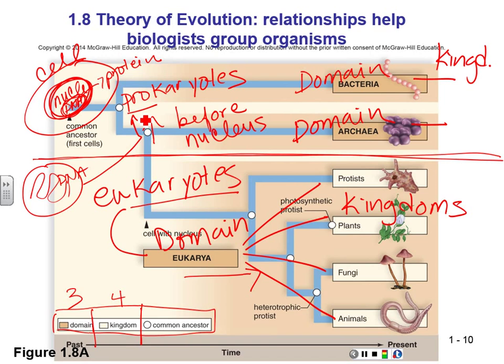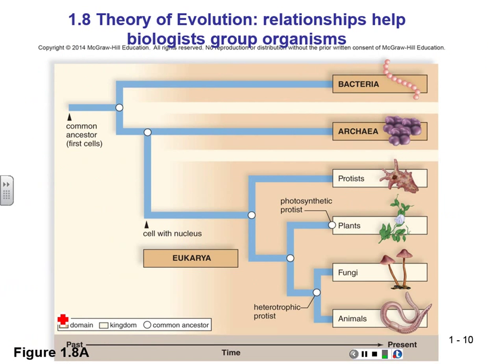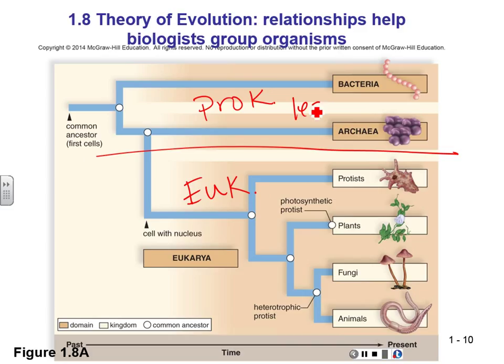So you can also look at these and think about what does it mean if it's a prokaryote versus a eukaryote. So prokaryote, eukaryote, these are less complex, more complex.